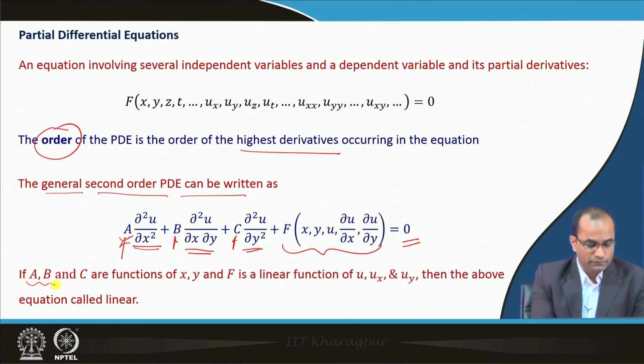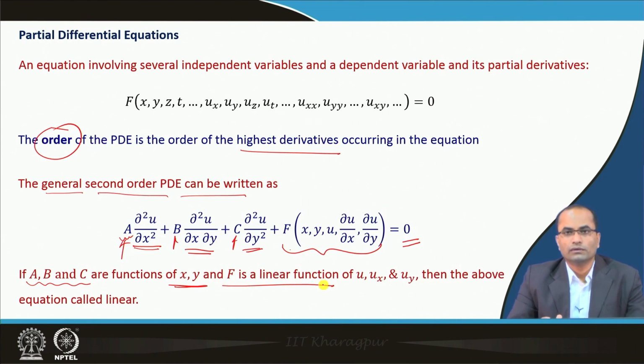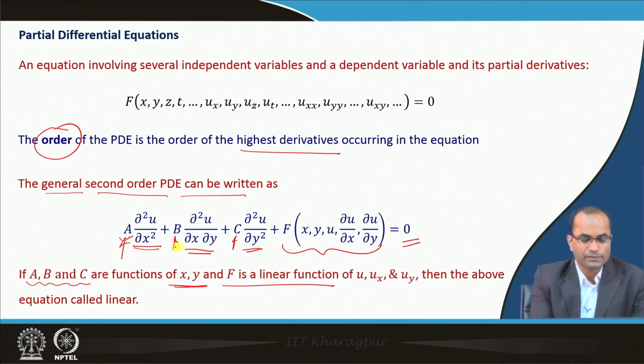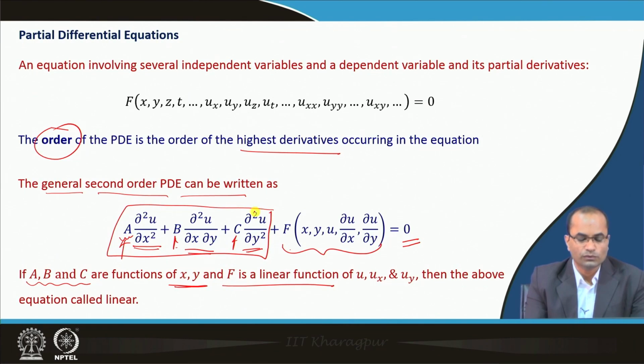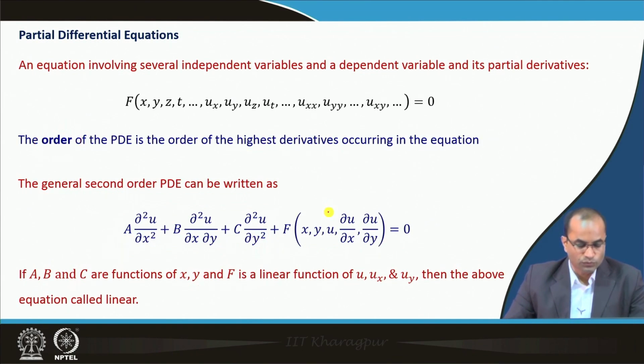If these coefficients a, b, c are functions of x and y, and this f is a linear function, that means either u appears or del u over del x appears, but there is no product appearing in this expression, then this is a linear equation in u.